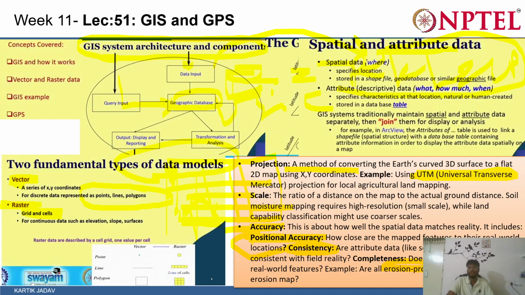Then we have also talked about spatial and attribute data. Spatial data provides information about where particular features are located, and attribute data provides the features of that location, like rainfall, soil type, altitude, temperature, humidity, whatever parameter we can add for that particular location.